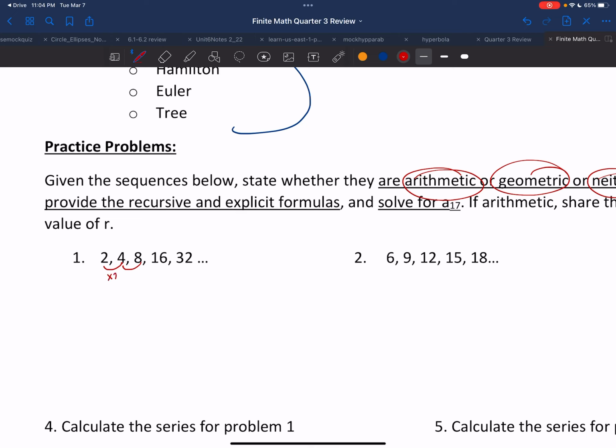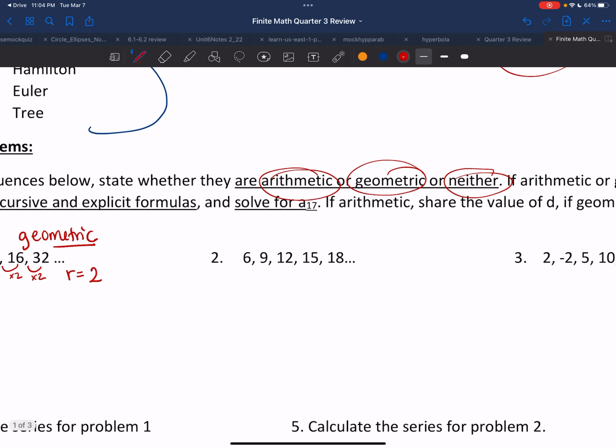So this is actually times 2. That means because it's a multiplication, it's geometric. And with that, I have a ratio, and that ratio is what I multiply by, and that ratio is going to be 2. And we'll come back and do our recursive and explicit formulas in a moment.